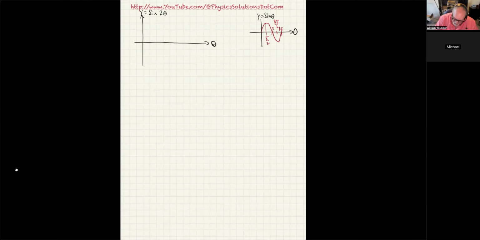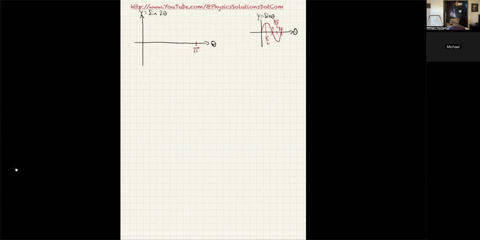But when we have the sine of 2 theta, then basically that whole trajectory stretches out over a distance of just plain pi. So I'll put pi right here, and then we'll see 1, 2, 3, 4, 5, 6, 7, 8.